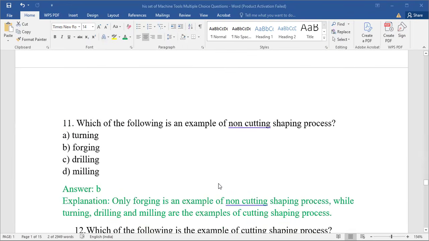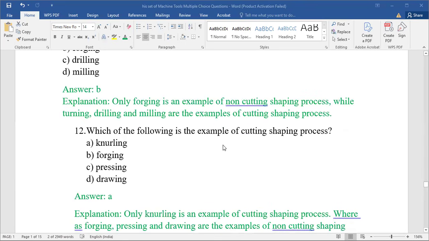Next, which of the following is an example of non-cutting shaping process? Turning, forging, drilling, milling. This is forging. Only forging is an example of non-cutting shaping process, while turning, drilling, milling are examples of cutting shaping process. Which of the following is an example of cutting shaping process?